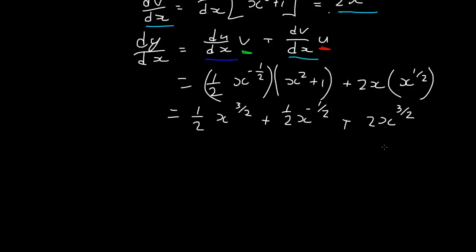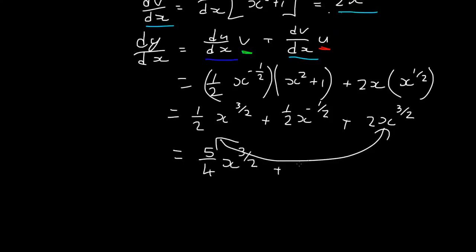Okay, they just simplified further because both of these are x to the 3/2 terms, so we can add them, which leaves us with 5/4 x to the 3/2 plus 1/2 x to the negative a half.